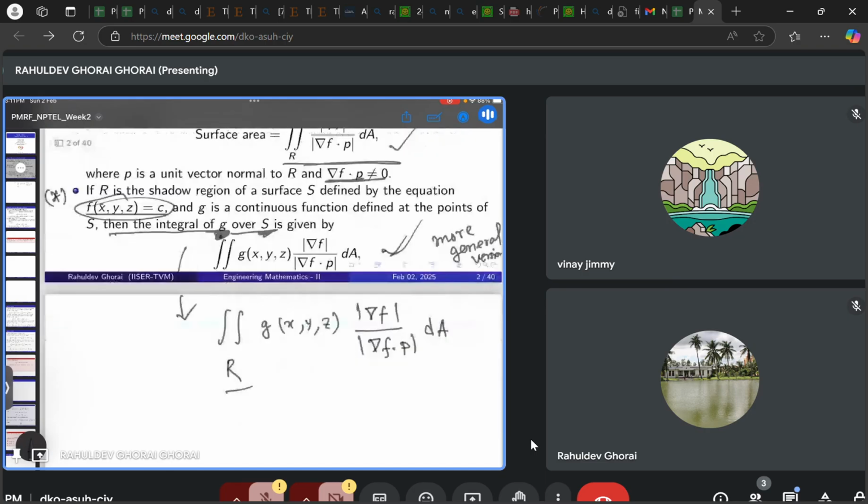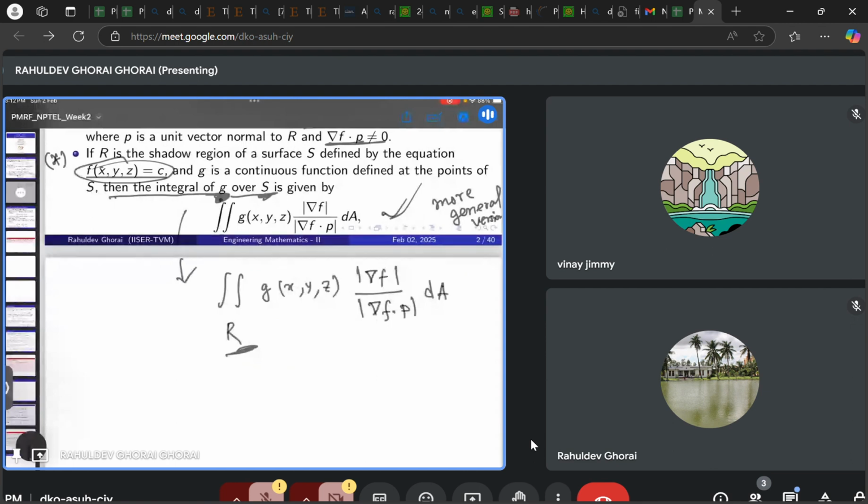If you have a surface like a hemisphere, then its projection on the xy plane will be like this. Whatever the surface, you have to project it onto a plane.